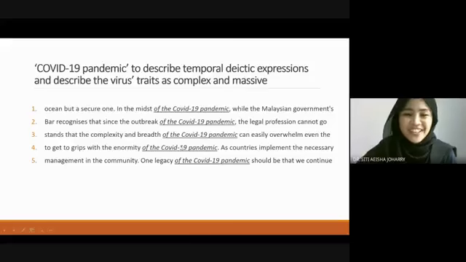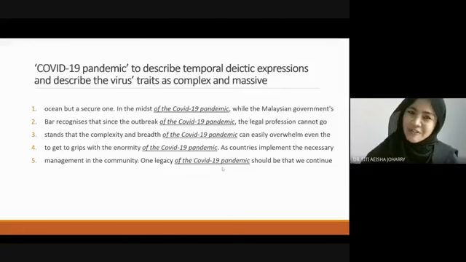I want to show that number 5 is kind of interesting. One legacy of the COVID-19 pandemic should be that... I find that in this letter, using legacy here is not only to talk about the temporal; in a sense, this writer is giving a positive connotation to COVID-19 pandemic.